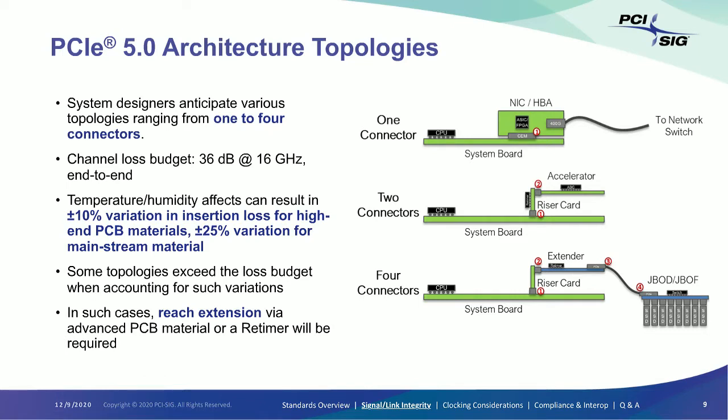And of course, in some more complex topologies involving multiple connectors, physically long channels, some form of a reach extension device or reach extension approach will be necessary, and we'll talk about the different ways of achieving that.